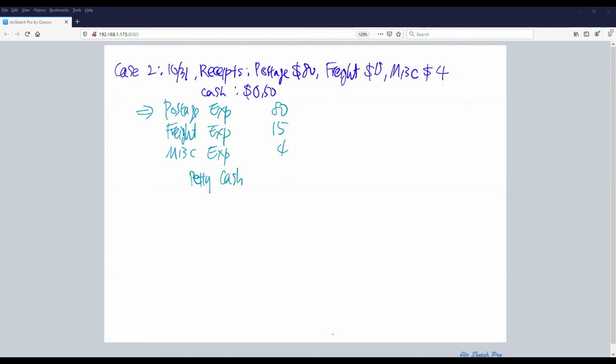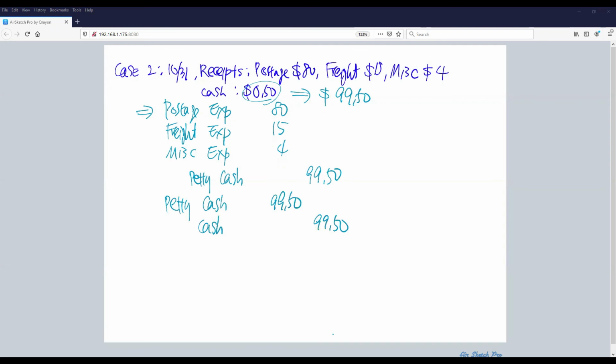How much is it? Indeed, what you saw is $99.50, $99.50 used up. So you need to replenish petty cash by transferring cash from your checking account.